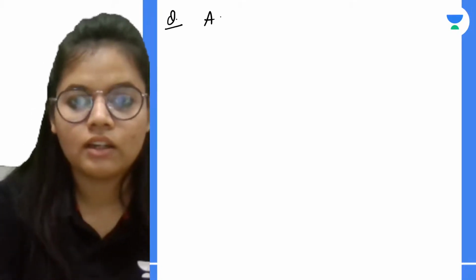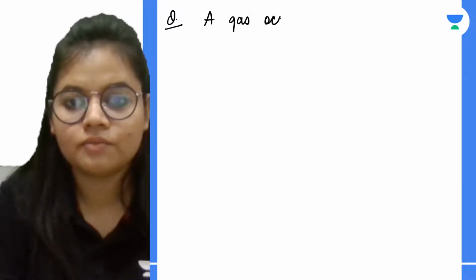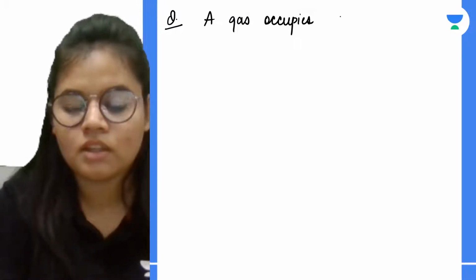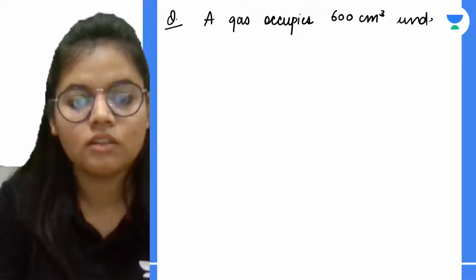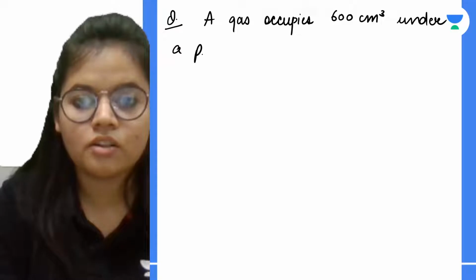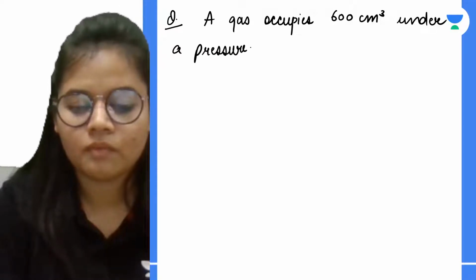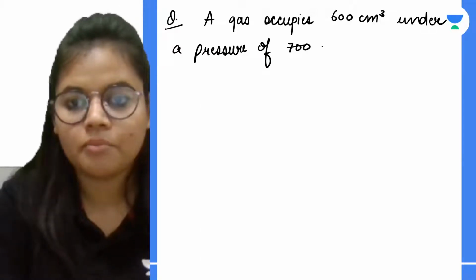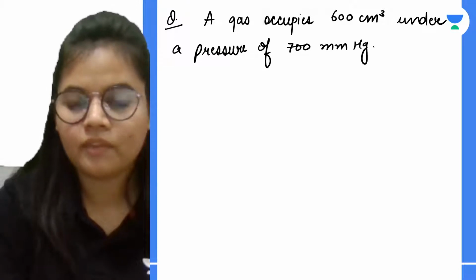So guys, your next question says: a gas occupies 600 centimeter cube under a pressure of 700 millimeter of mercury.